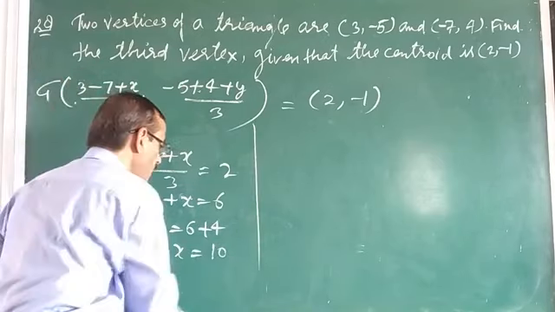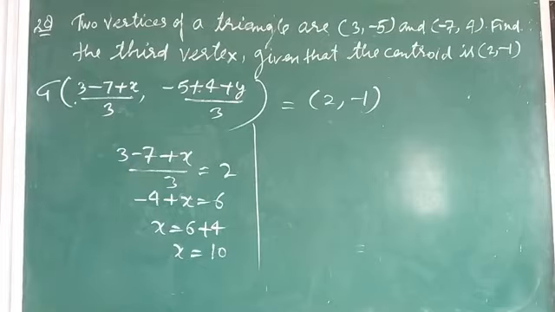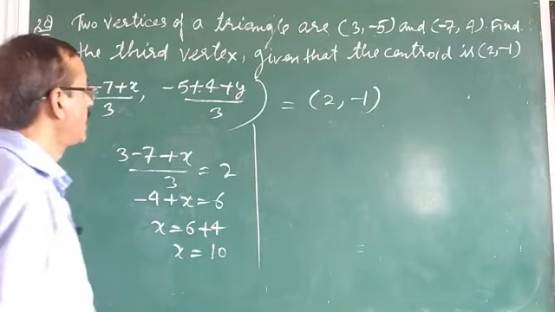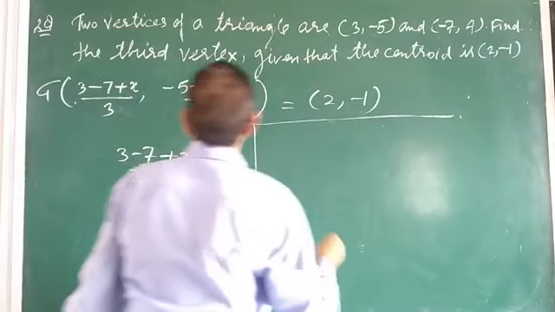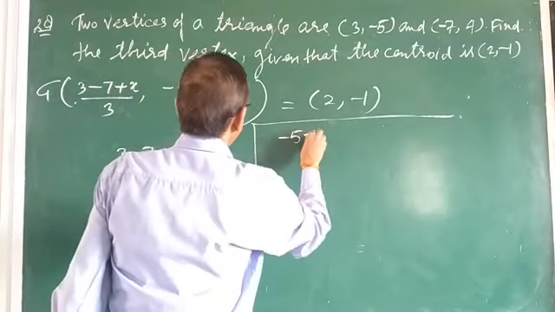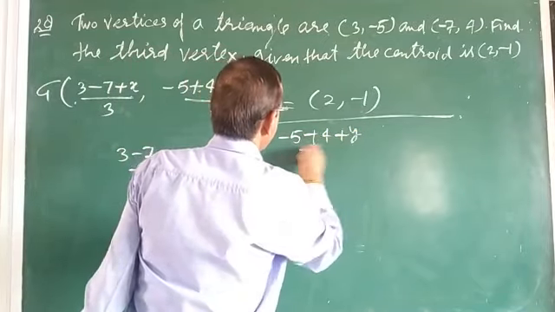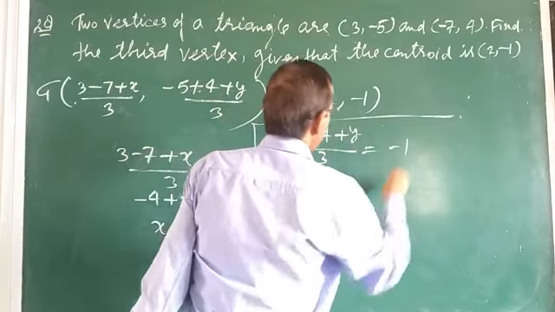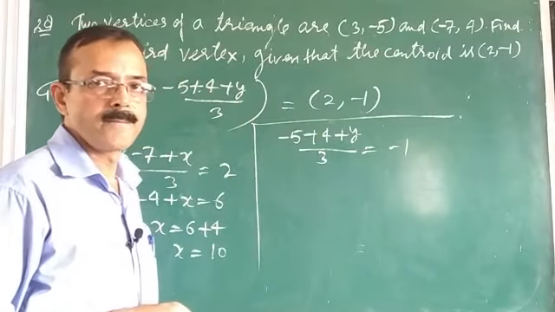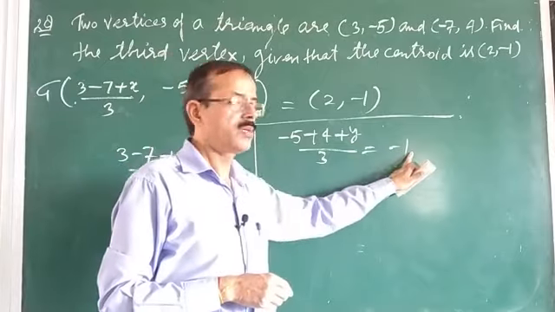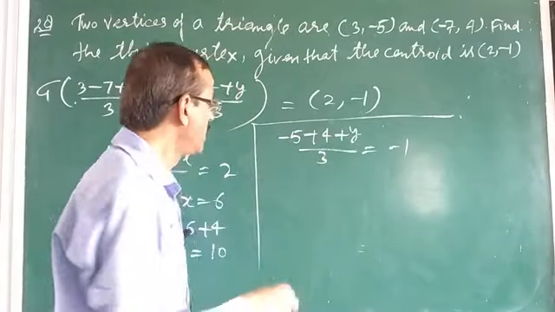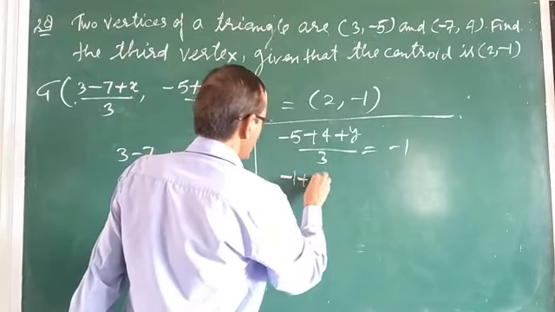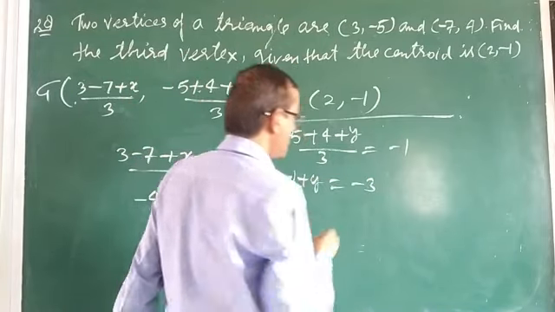Now we have to find y. This is equal to minus 1. So minus 5 plus 4 plus y upon 3 is equal to minus 1. Clear? Transpose the 3. Minus 5 plus 4 is minus 1, so minus 1 plus y is equal to minus 3.